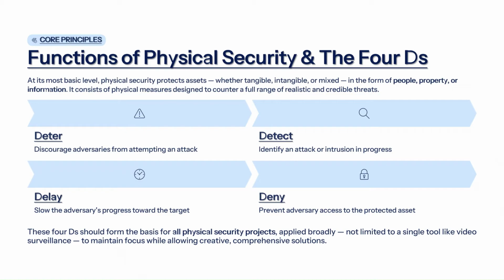Deny refers to preventing unauthorized access to the protected asset. Strong access control measures, credential verification, and secured perimeters ensure that only authorized individuals gain entry. Together, these 4 Ds form the foundation of a comprehensive physical security strategy.